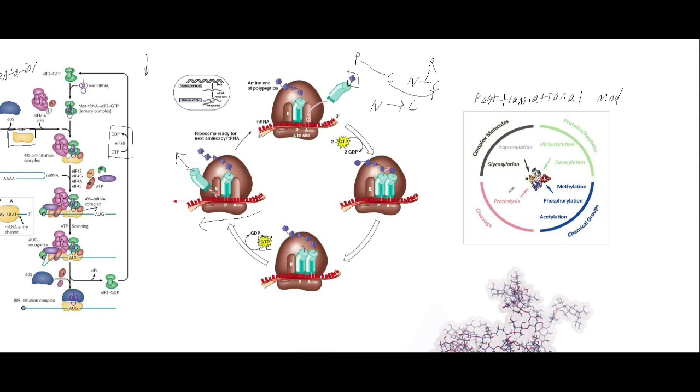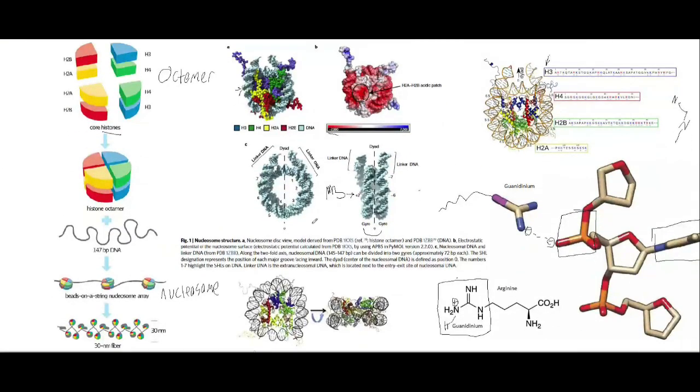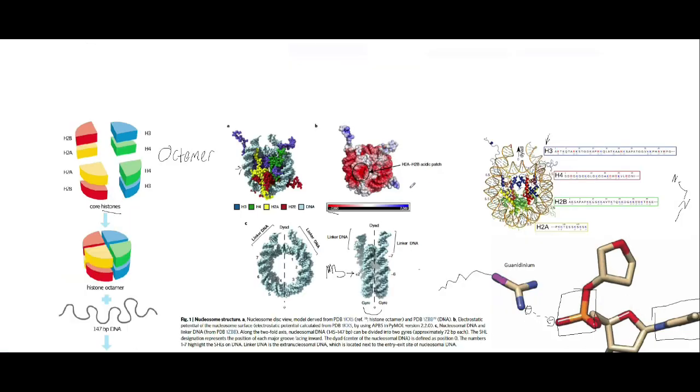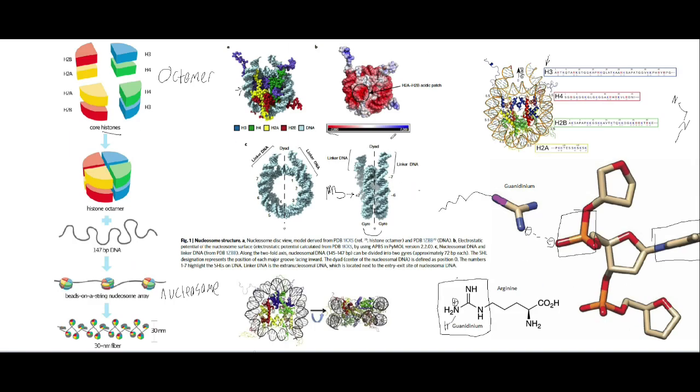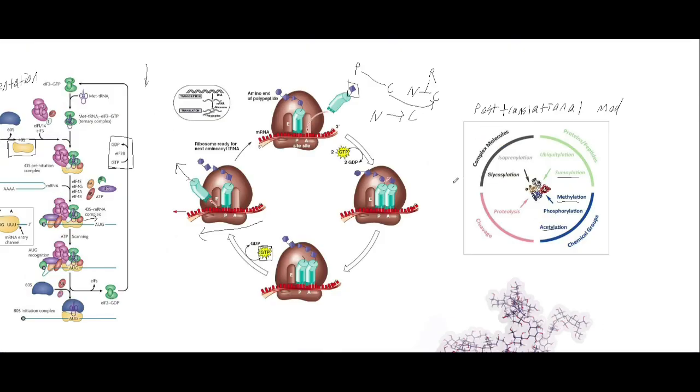And so things like methylation, acetylation, sumoylation, those are things that mostly happen to the nucleosomes, which we talked about down here. Those are the epigenetic regulation of nucleosomes.